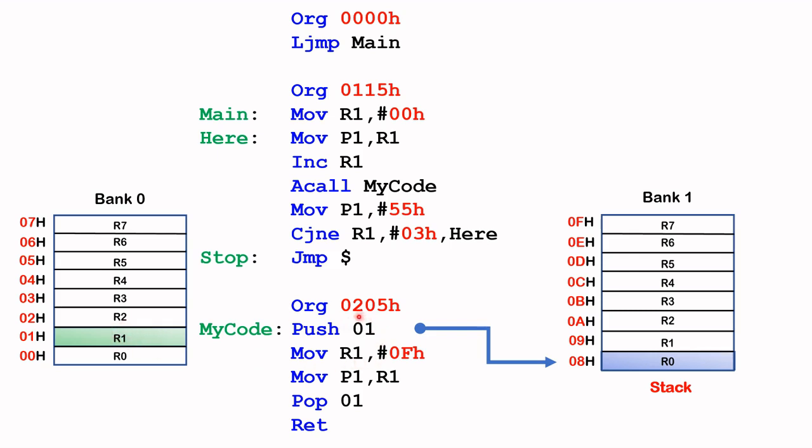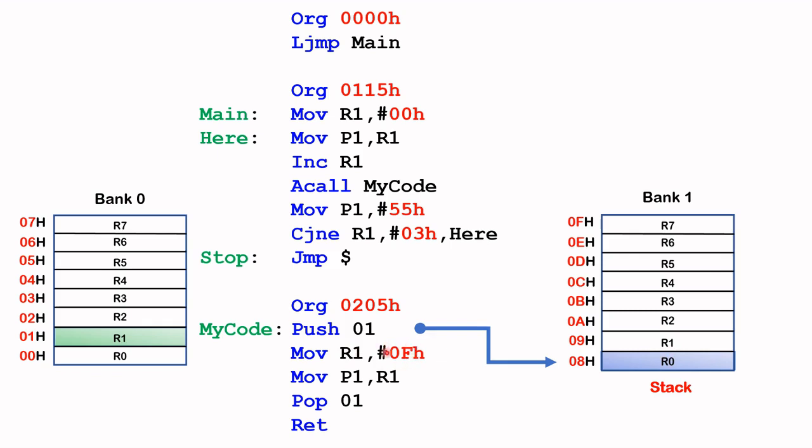We can't use the label R1 here because that's not allowed. So we just have to use the memory location of the register, location 01. So it's push 01 onto the stack.